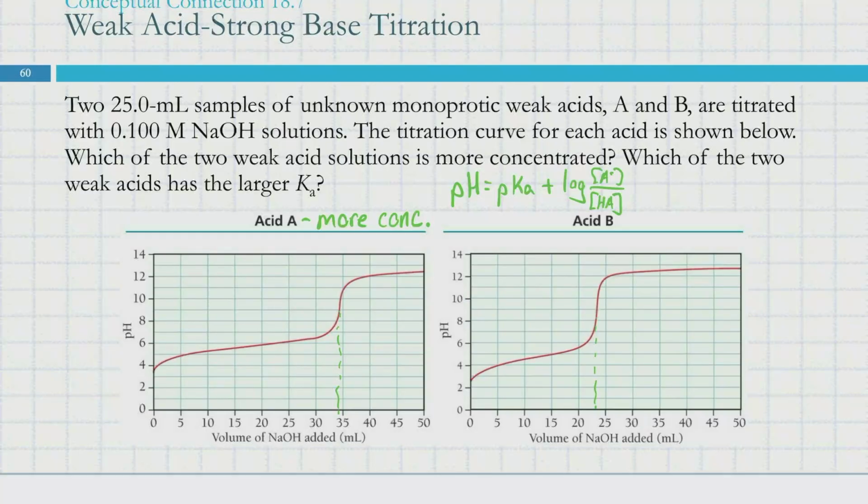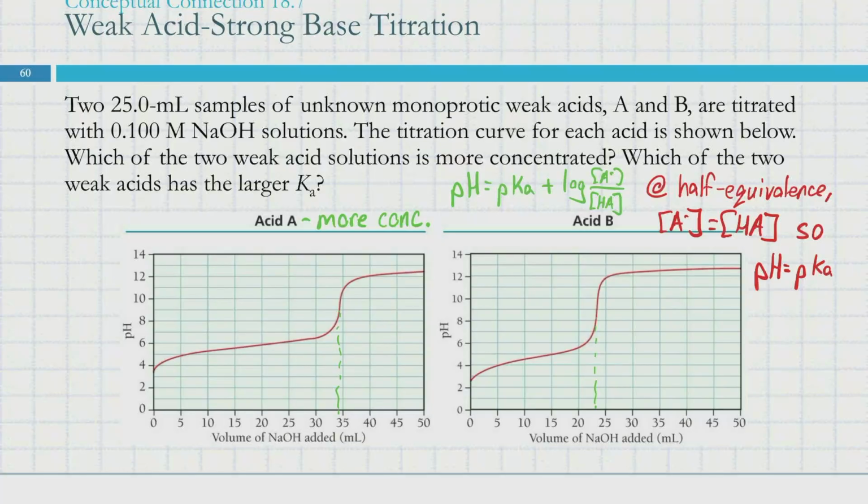That point is going to be at the half equivalence point. At half equivalence point, concentration A minus equals concentration HA. So pH equals pKa, which is neat. So that would be one way to solve this.